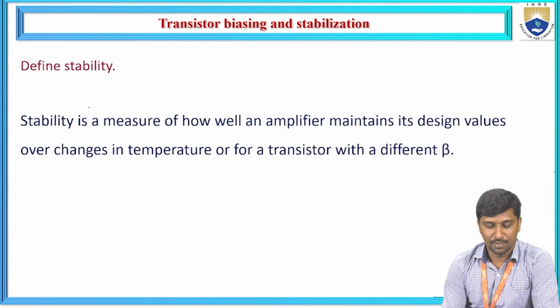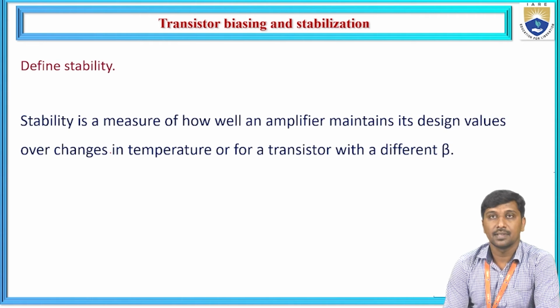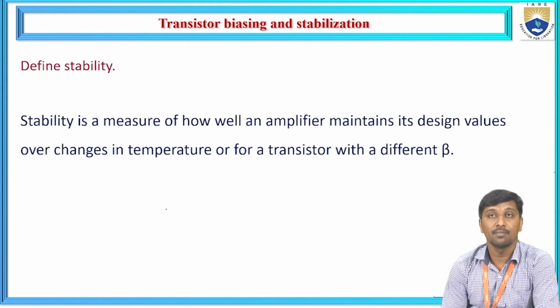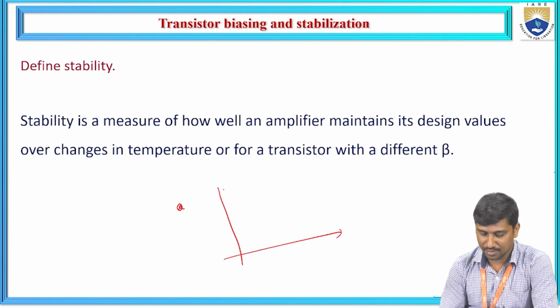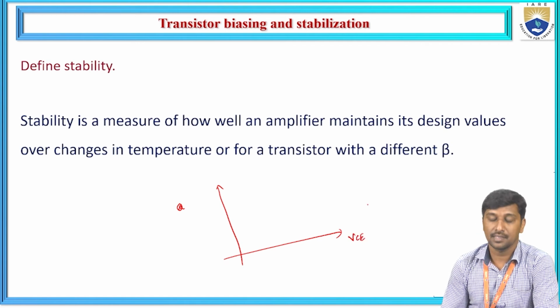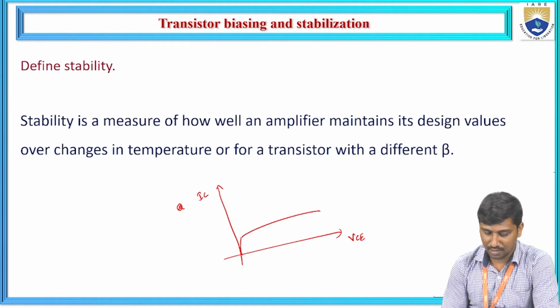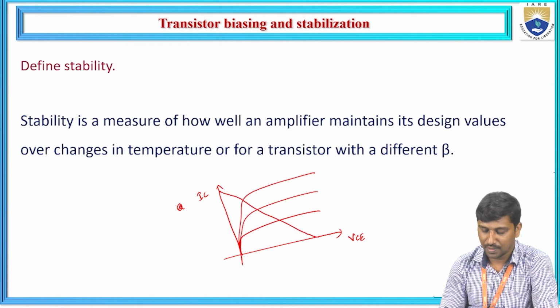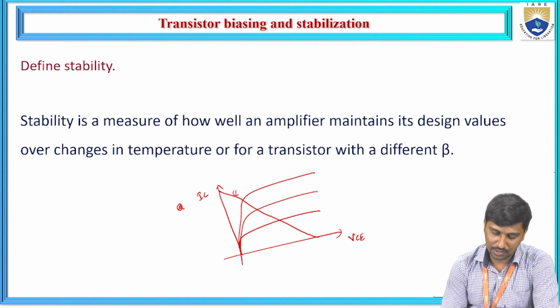Now define stability. Stability is a measure of how well an amplifier maintains its design values. Why is stability required? Suppose in transistor characteristics we take the output characteristics, drawn between VCE versus IC. Here we need to draw the DC load line, so this is called the DC load line.